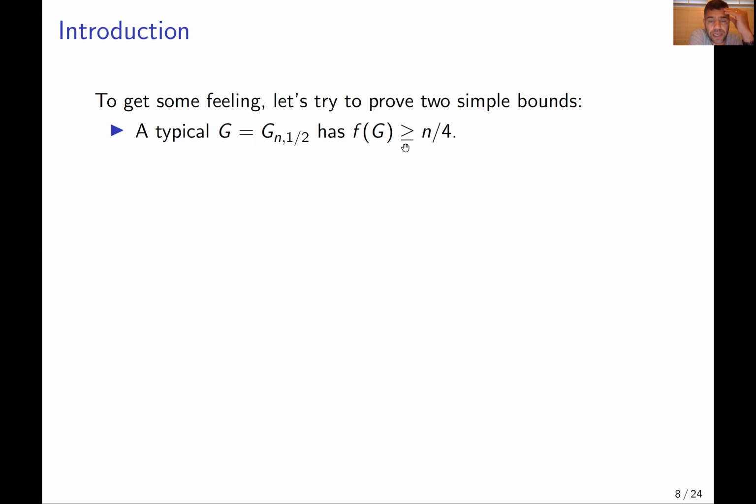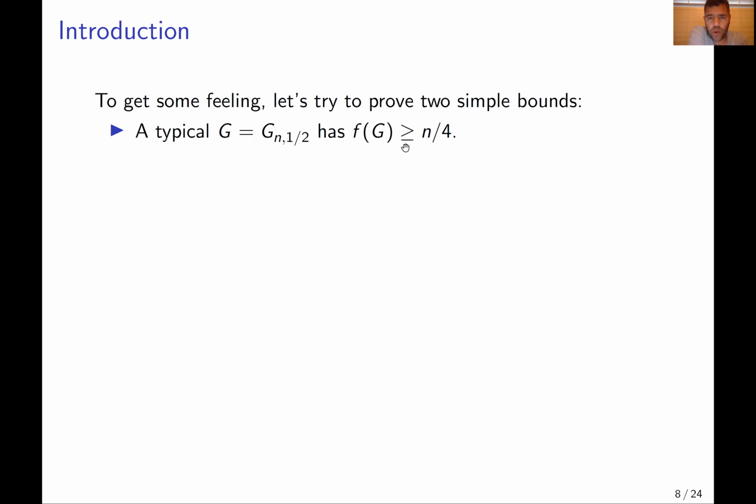In a typical G(n, 1/2), with high probability we have a vertex with degree at least n over 2, right? So we can take a vertex of degree n over 2 and consider its neighborhood as an induced subgraph. On its neighborhood, we can apply Gallai's theorem and partition the neighborhood into 2 sets, so basically we are done, right? We can partition into 2 sets which are even.